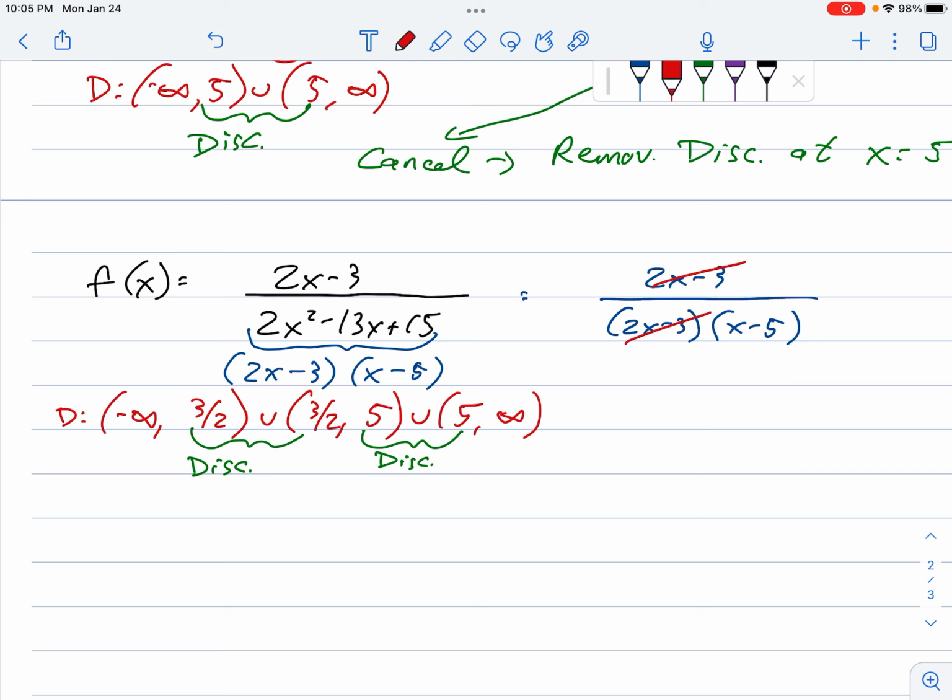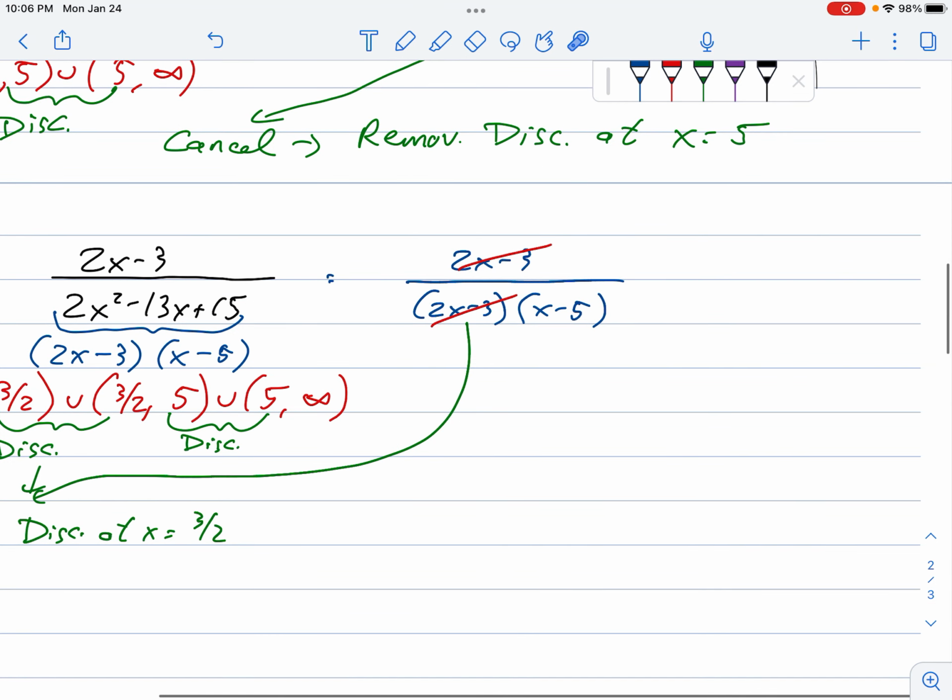Crossing out my 2x minus 3's. Oh, that means that there is a removable discontinuity at x equals 3 over 2. Removable means cancelable. I canceled it, so I call it removable at the x value that comes from that factor.